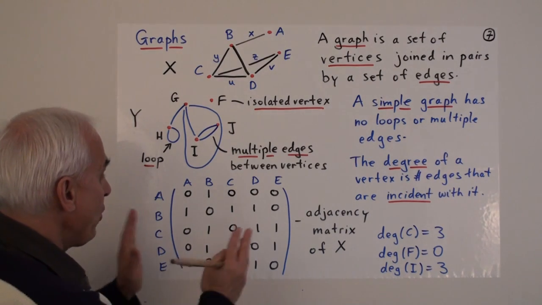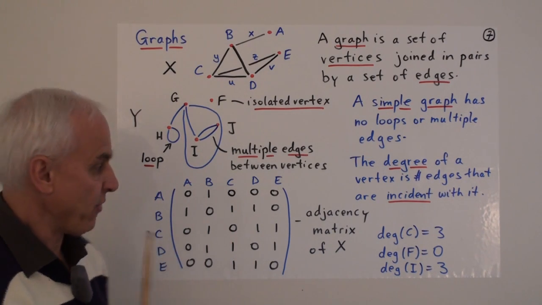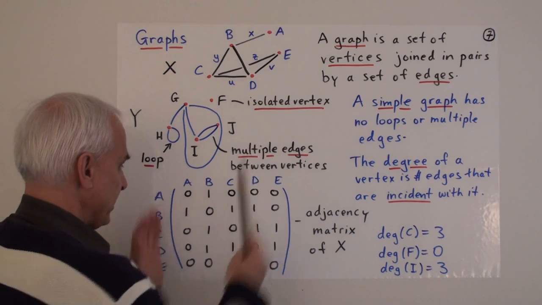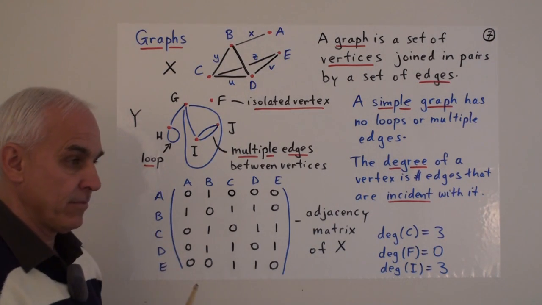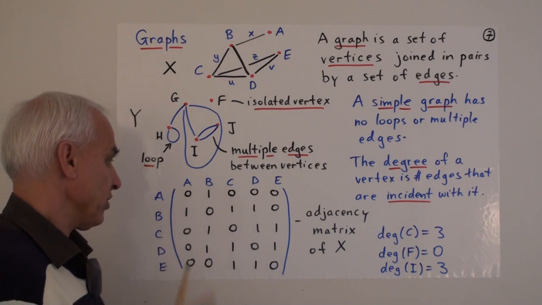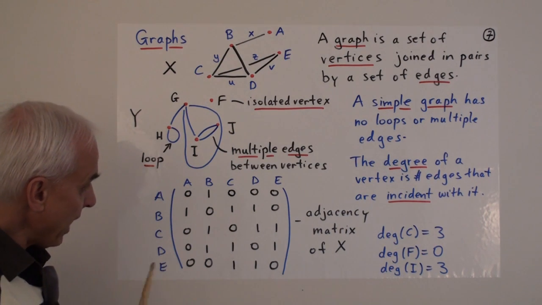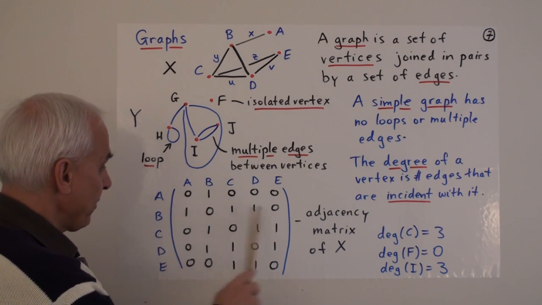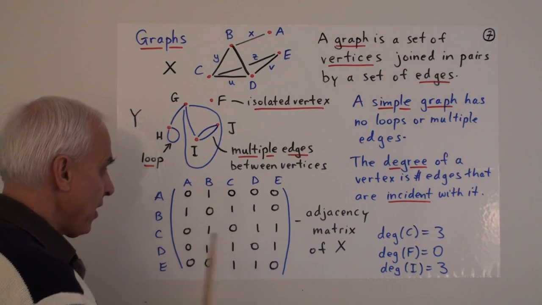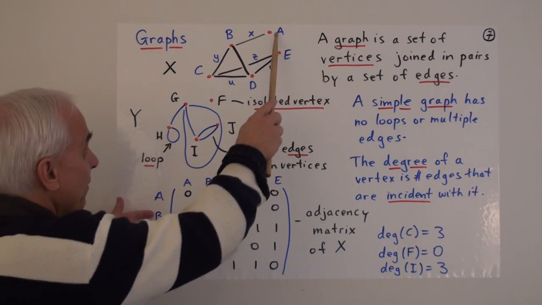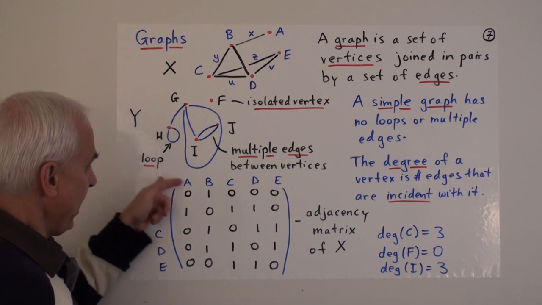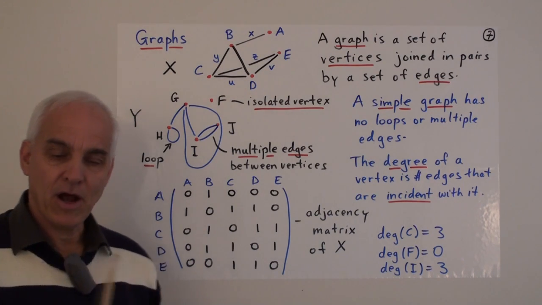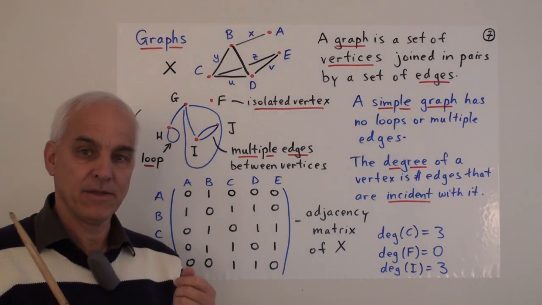One way of encoding the information of a graph is through an adjacency matrix. So a matrix is an array, a box of often numbers. And in this case, it's a matrix whose rows and columns are labeled by the vertices A, B, C, D, E. A, B, C, D, E. And all the entries are telling us how many edges there are between the two vertices.